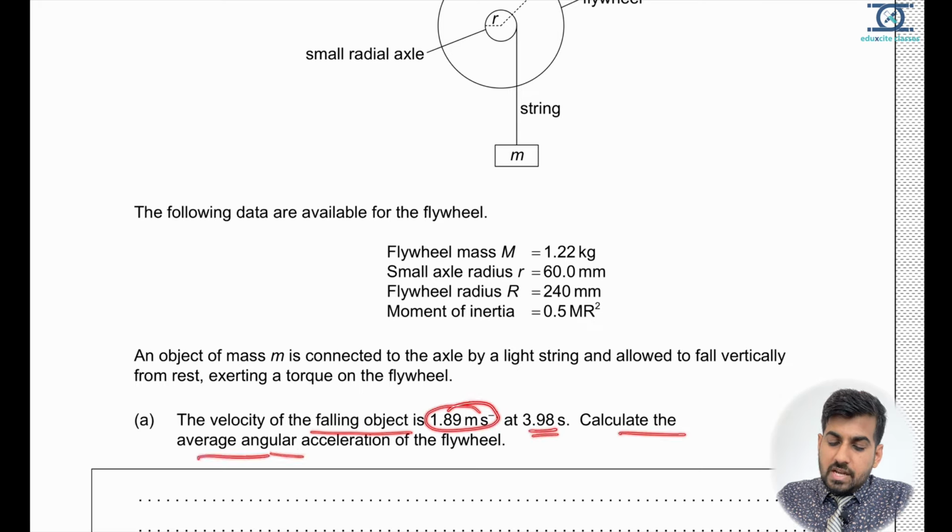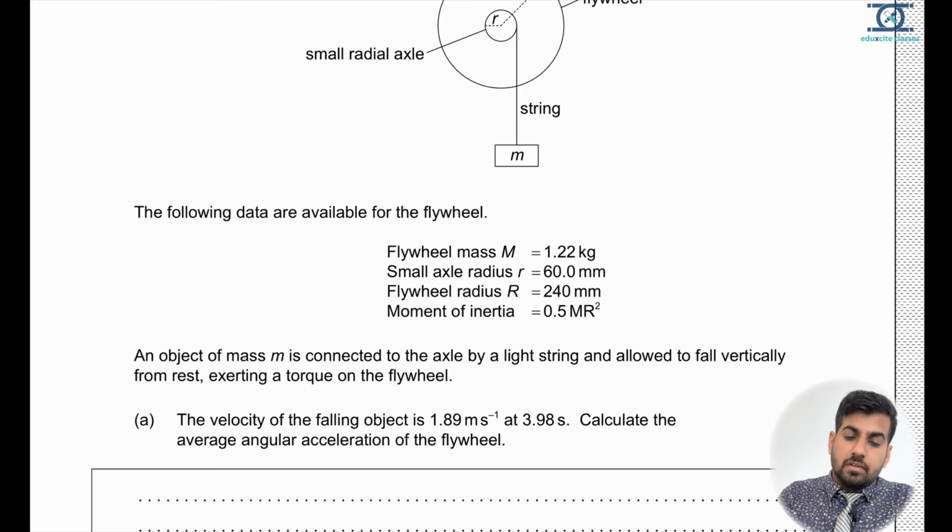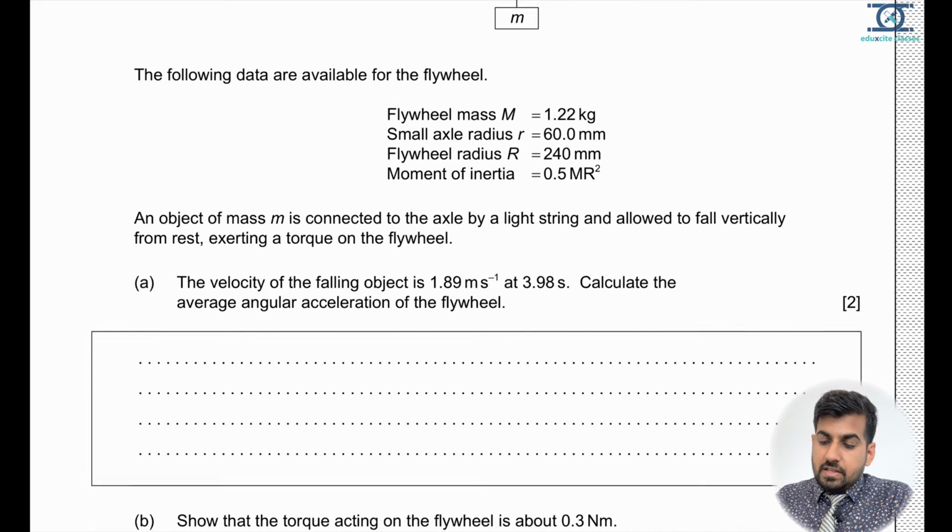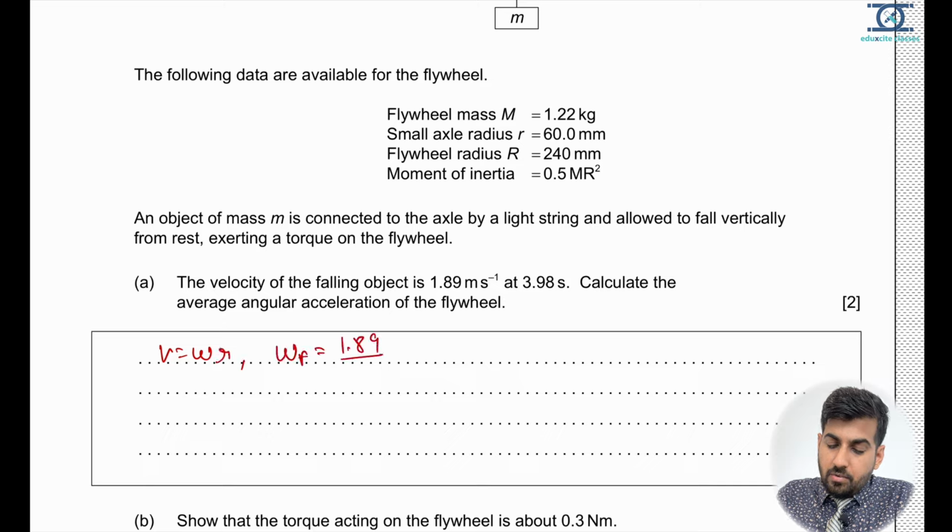Calculate the average angular acceleration of the flywheel. So we have to find alpha. Now how will we find this? V is equal to omega R. So omega final will be 1.89 upon R. Now which one is rotating here?